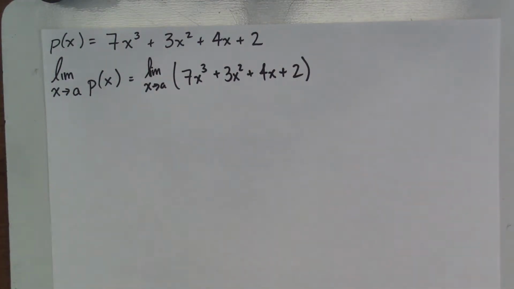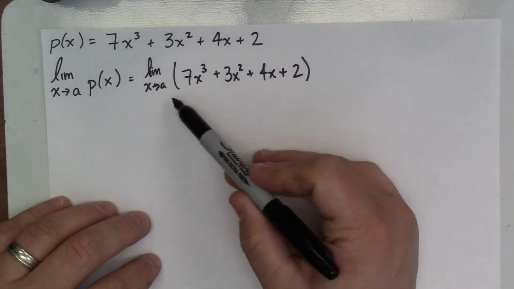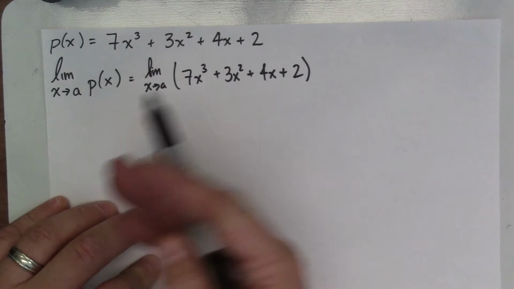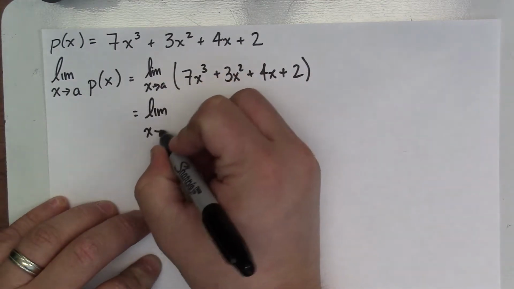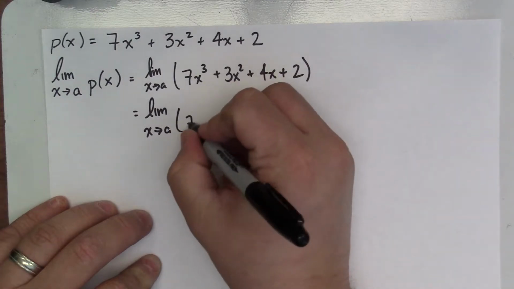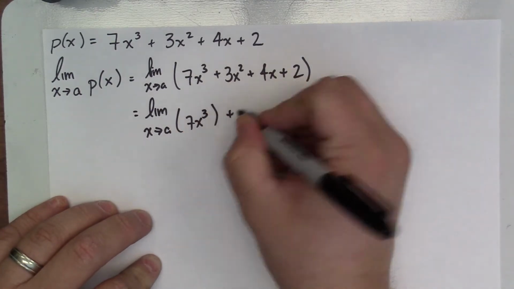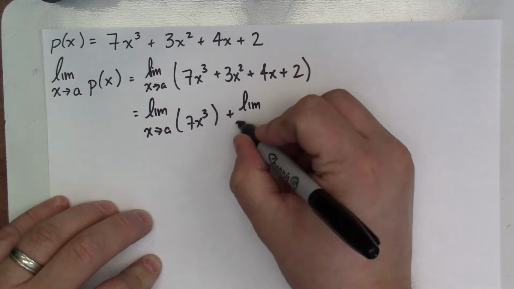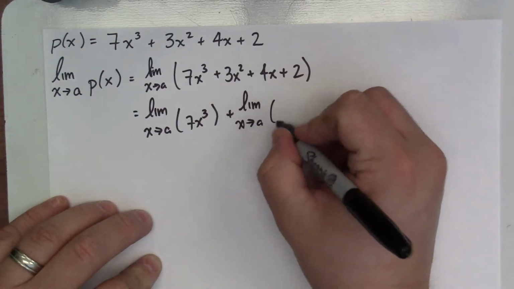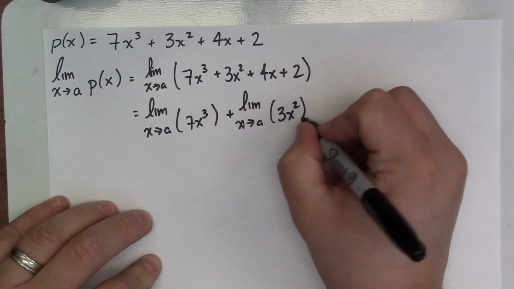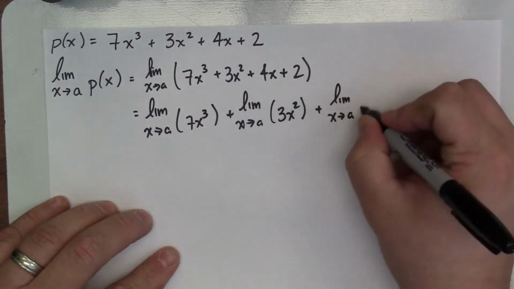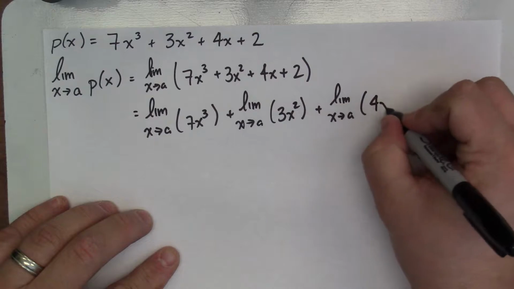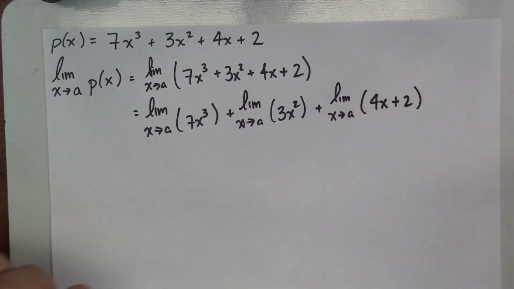Now, by law 1, which deals with sums, the limit of the sum is the same as the sum of the limits. And what that means is I can rewrite this as the limit as x goes to a of 7x cubed, plus the limit as x goes to a of 3x squared, plus the limit as x goes to a, and we're going to leave this linear term at the end alone.